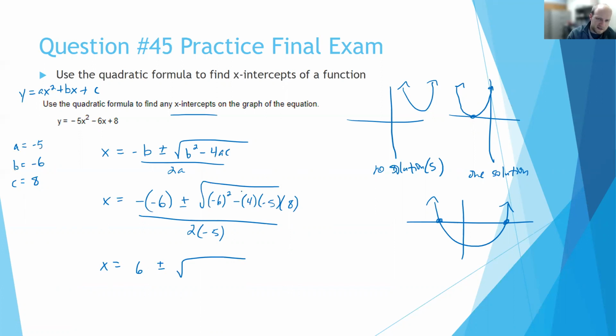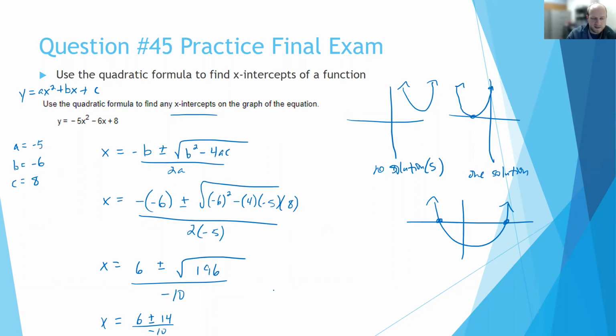And again, I would just recommend typing all this in on your calculator and getting a value. The value you should get there is 196 all over -10. The square root of 196 is a nice whole number, 14.